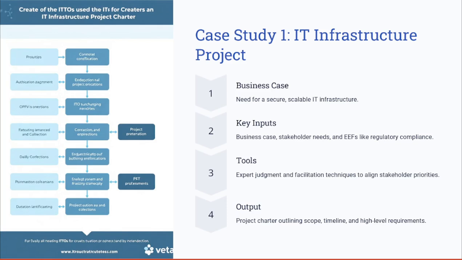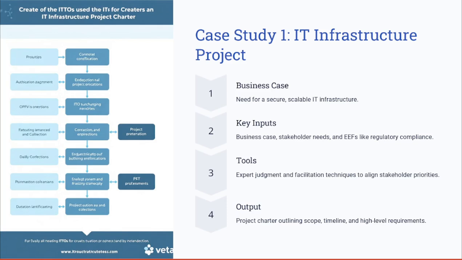So, the key points we have learned from this example of an IT infrastructure project: the business case can highlight the need for a secure, scalable infrastructure and high level requirements. The key inputs include the business case, stakeholder needs, and some of the EEFs like regulatory compliance.